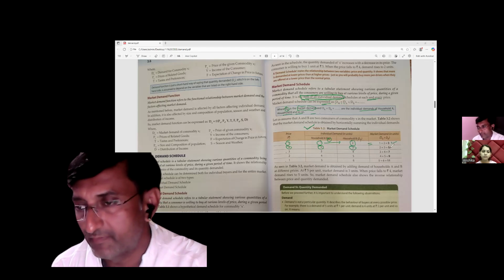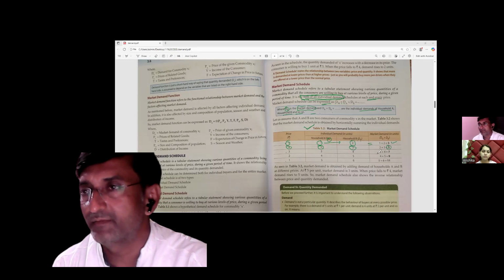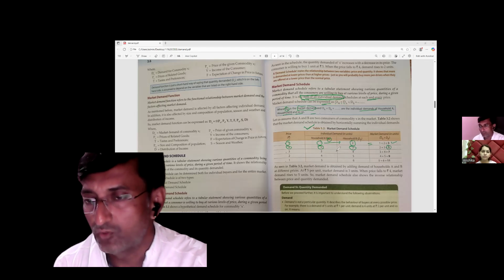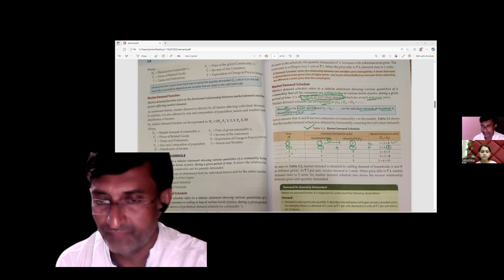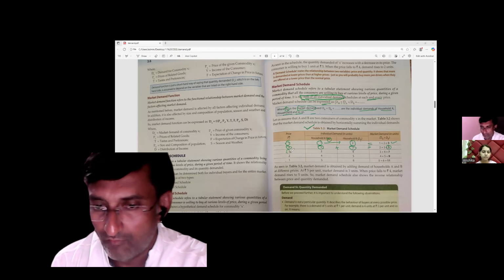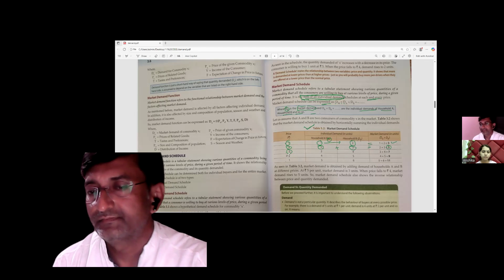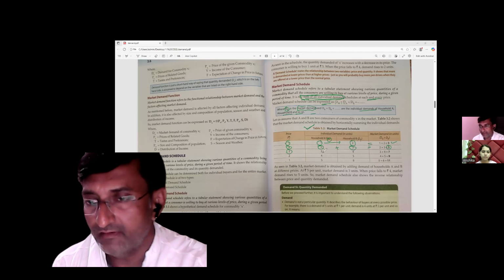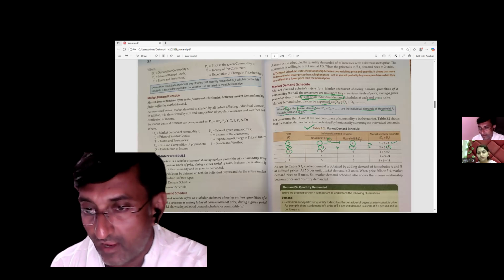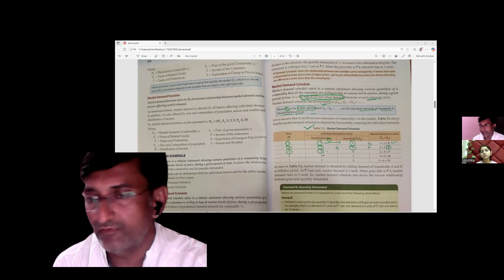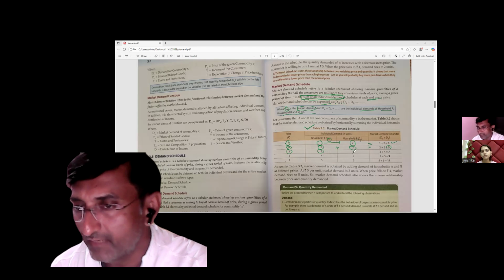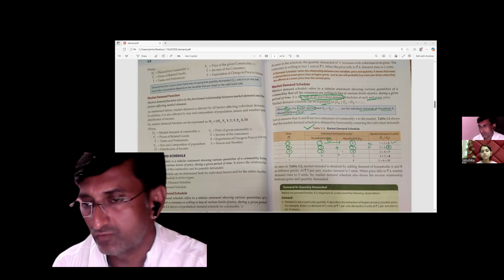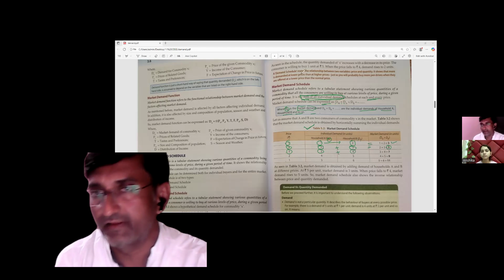So market demand becomes 5, because 2 plus 3 is equal to 5. Now when the price was 3, household A bought three quantities and household B bought 4 quantities. So 3 plus 4 is equal to 7.